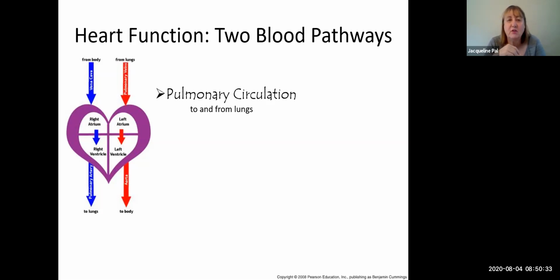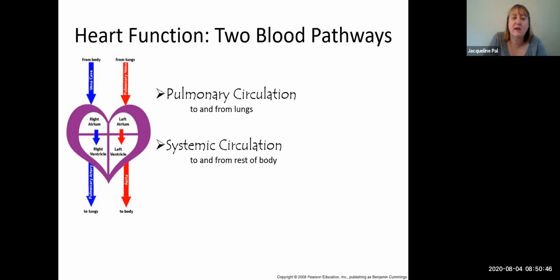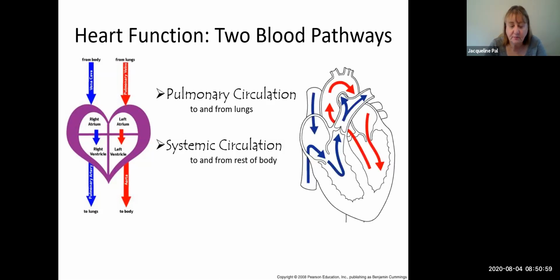The pulmonary circulation is when blood leaves the right lower chamber of the heart and goes to the lungs, and then returns back to the left upper chamber of the heart. And in contrast, the systemic circulation would be when blood leaves the left lower chamber of the heart, goes to the entire body, and then returns to the right upper chamber of the heart.